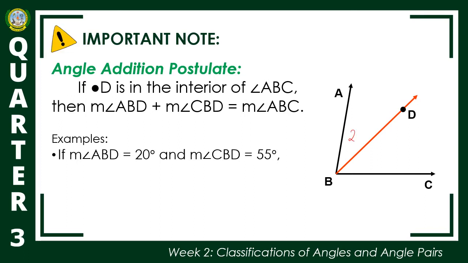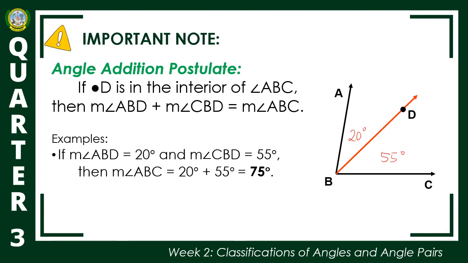So if this is 20 degrees and angle CBD measures 55 degrees, then the measure of angle ABC would be like this. 20 plus 55 degrees is equal to 75 degrees, meaning we are just going to combine the measurements of the two smaller angles, okay, to get the measure of angle ABC.